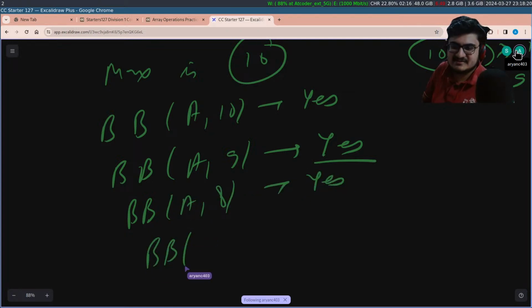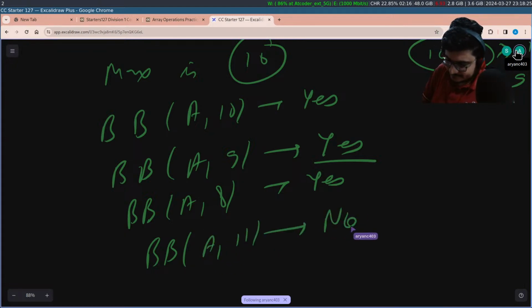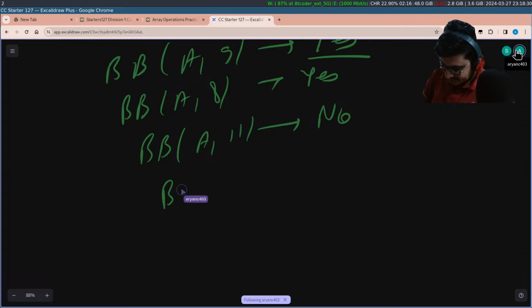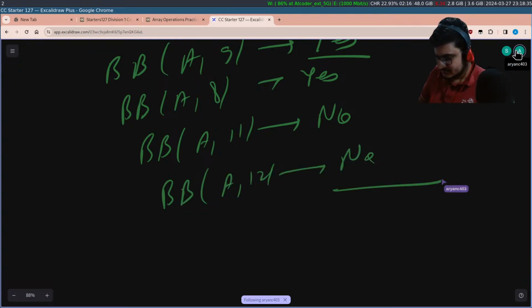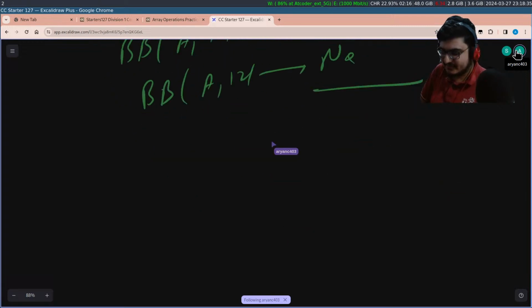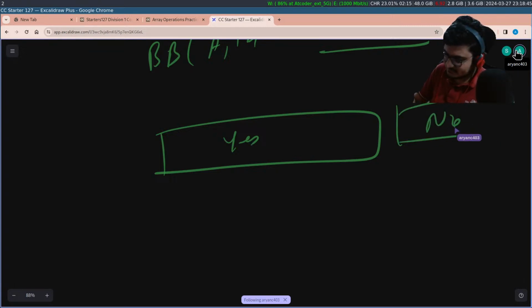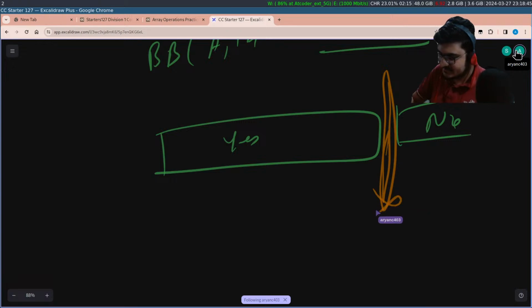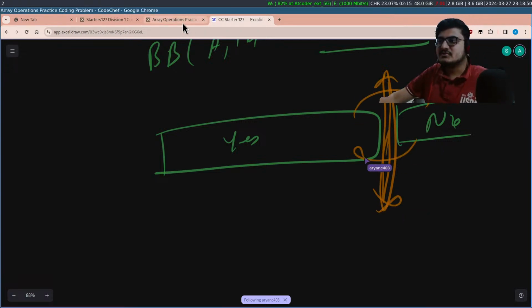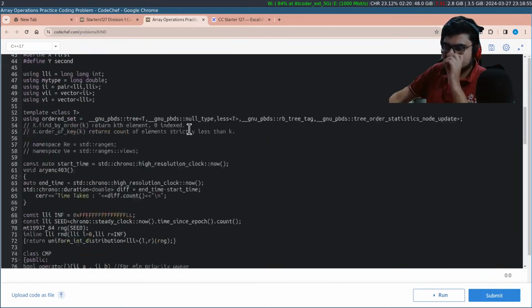But because 10 is the maximum for this, black box(A, 11) will return no, and black box(A, 12) will also return no. Whenever you see a function like this which returns yes for some interval and then starts returning no, the critical idea is that you can always do binary search to find where this yes to no change happens. So that would be the first part for this problem.